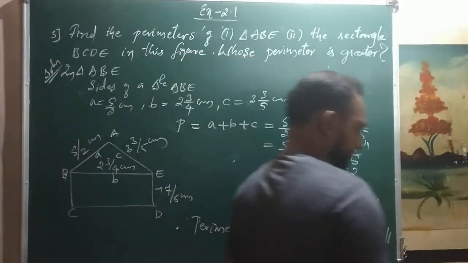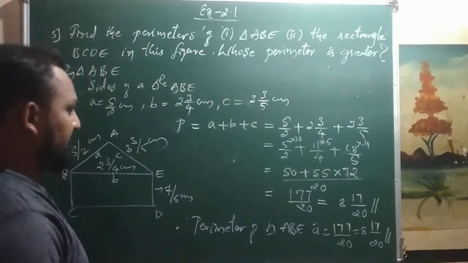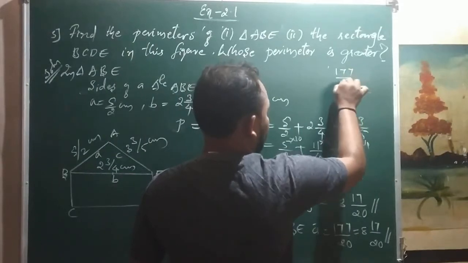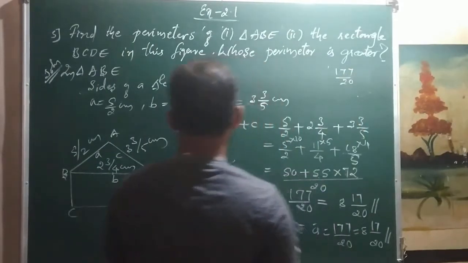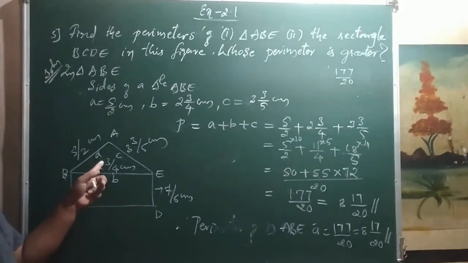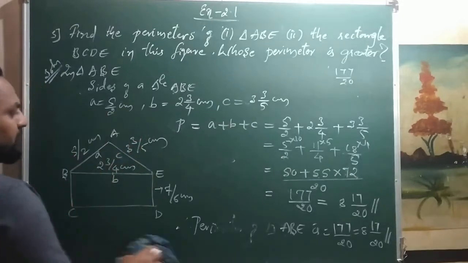Okay, then next find the perimeter of the rectangle. Here the perimeter of the triangle, then the perimeter of the rectangle.